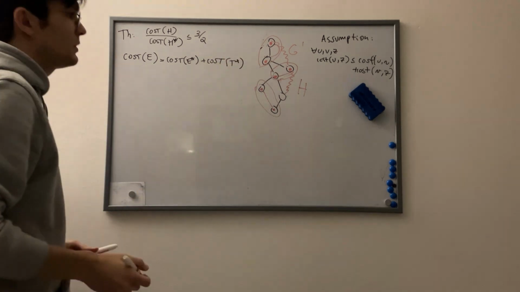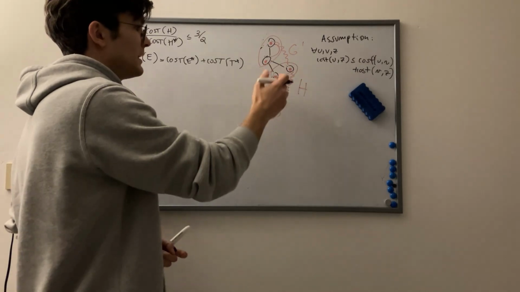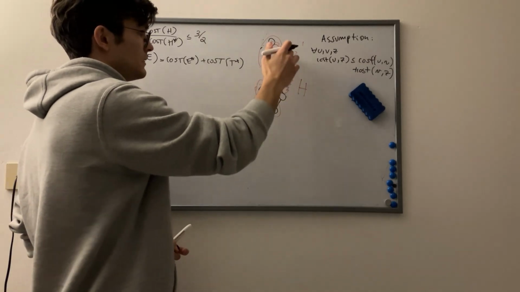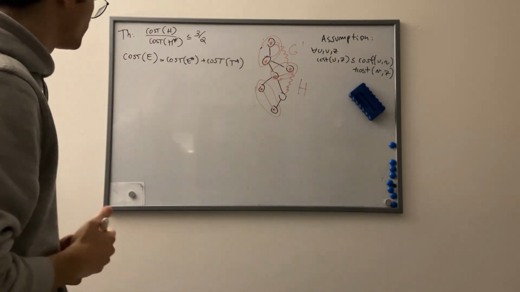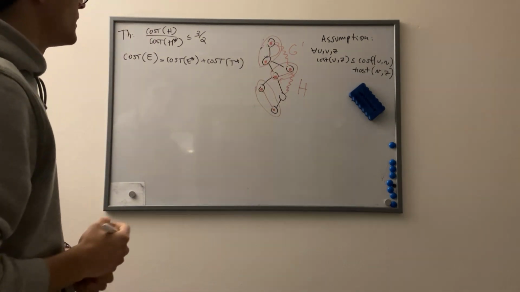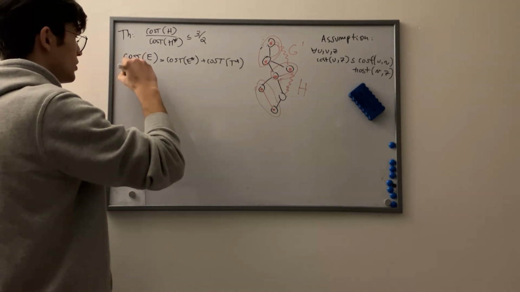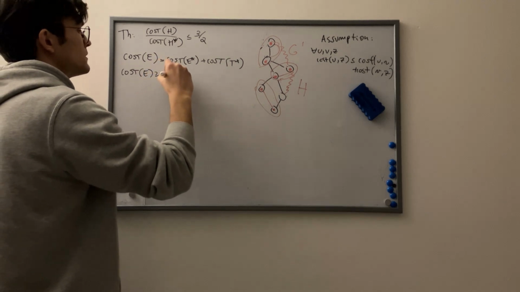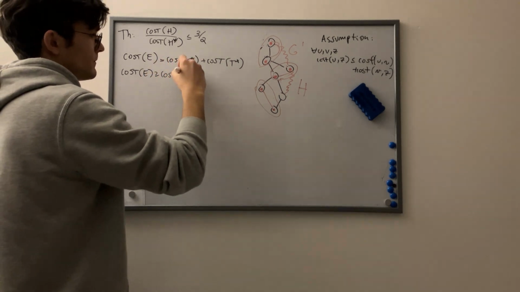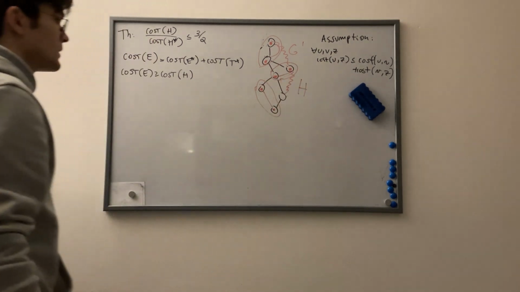Because we built the Eulerian tour going around the original spanning tree, and we added these edges belonging to the perfect match. Plus, another thing that we can say is that for sure the cost of E is greater or equal than the cost of H, because we use shortcuts and because we have this assumption here.